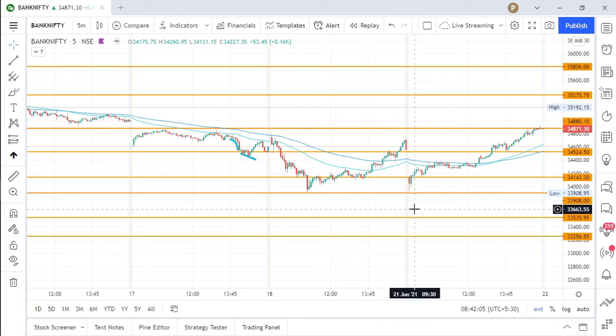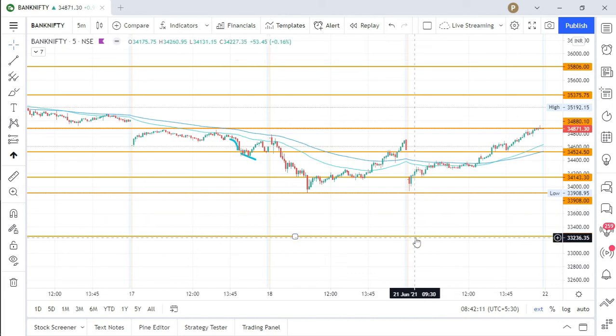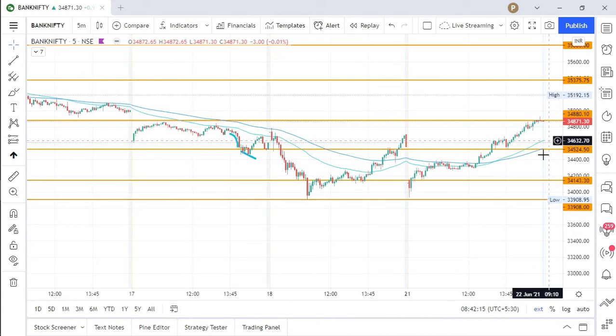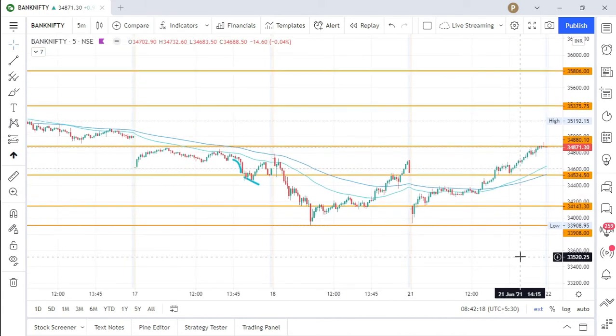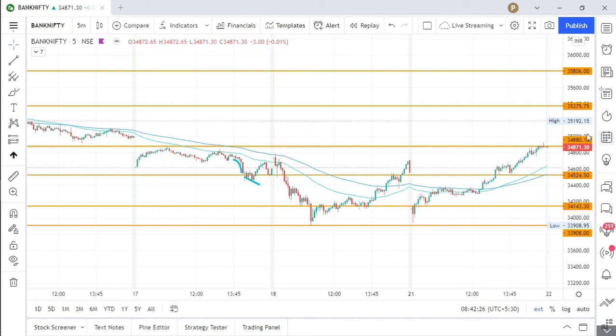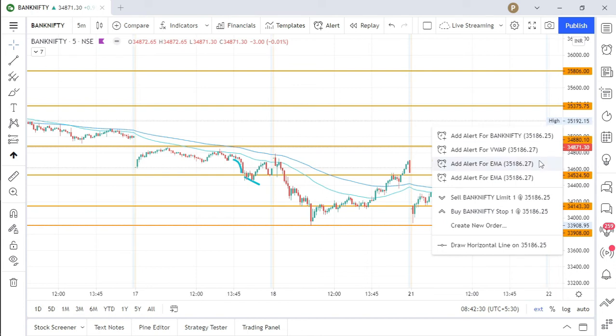These are the downside supports, and I guess we can just remove this, it'll be less confusing. We have yesterday's high also in between, which I believe will be crossed.